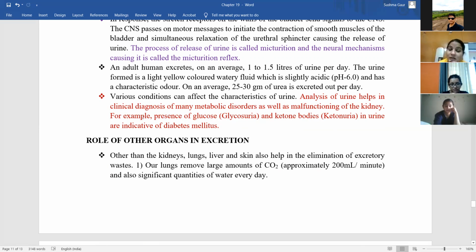They are indicative of diabetes mellitus. Okay, now Risha, if glycosuria or ketonuria is observed in urine after clinical testing, then it is said that the person is suffering from a type of diabetes known as diabetes mellitus.